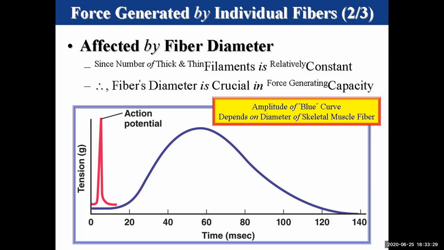So more thick and thin filaments means much more cross-bridge formation capability. More cross-bridge formation, more traction, more tension being generated. Therefore, the cell will generate a much more forceful contraction, right?